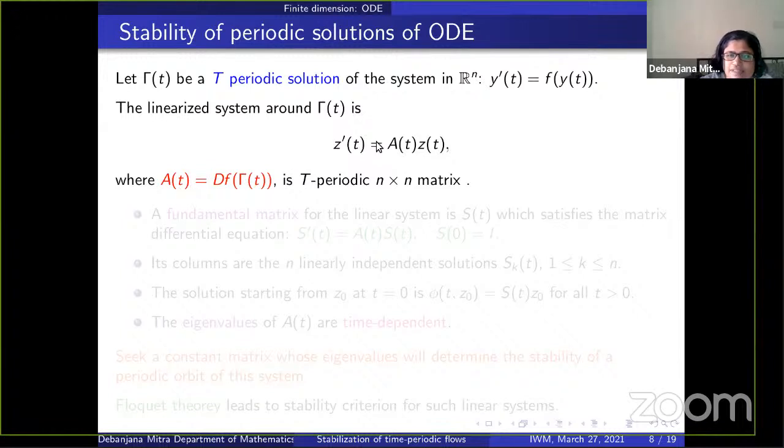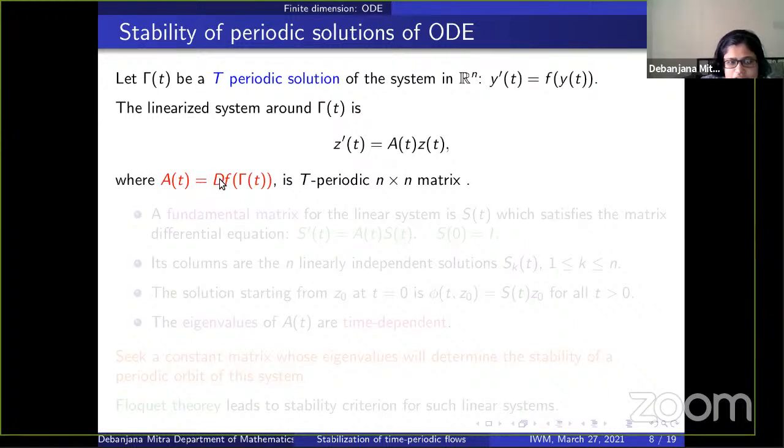crucial thing is that this A now is a function of t. Earlier it was just a constant matrix, so the eigenvalues, whatever spectrum we studied, everything was time independent, and nicely we got the result. But now this matrix A is a function of t. And what is the definition of A(t)?